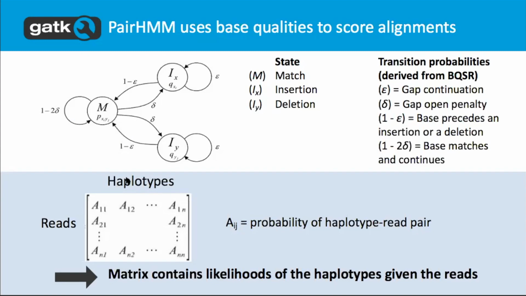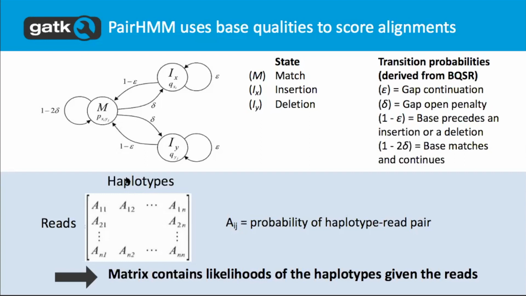Basically, it's using Bayesian statistics to evaluate how likely the haplotypes are. And the only thing you really need to remember from this is that the key information used as part of the Bayesian modeling is the base quality.